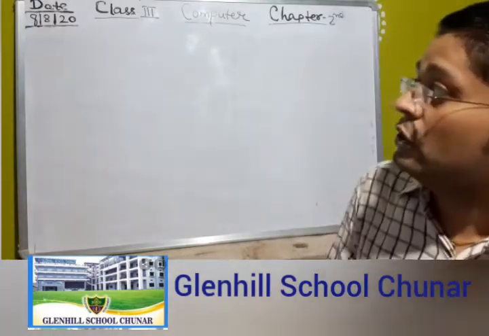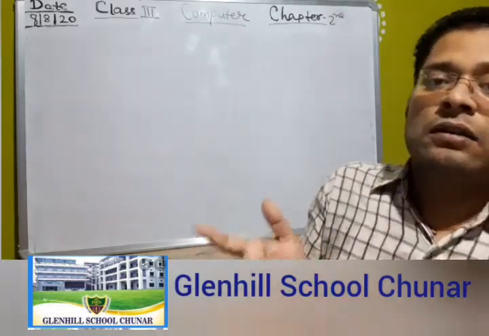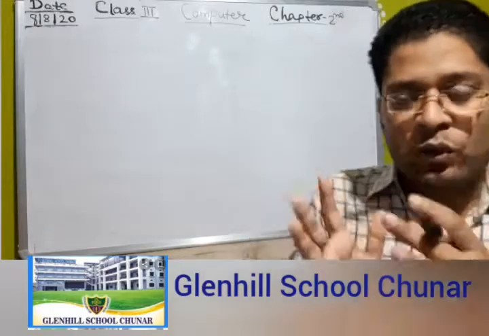Dear student, your second chapter, computer hardware, is complete. Only the question answer is left. So today we will do the question answer, and you will understand well about the chapter computer hardware. In this chapter you read what is hardware, what is the input device, what is the processing unit, what is the output device, and what is the storage device.